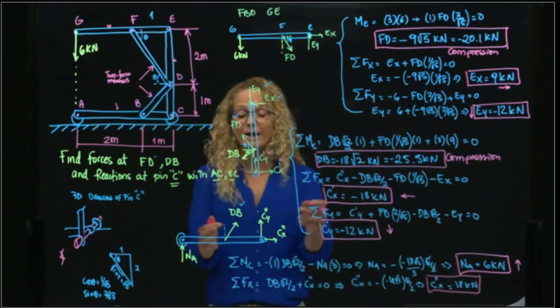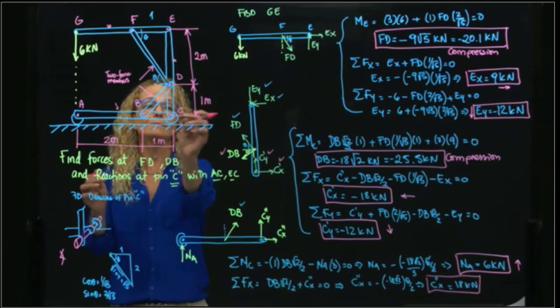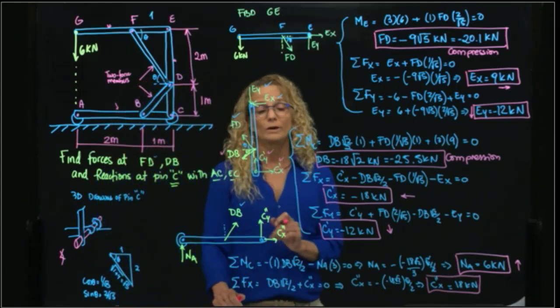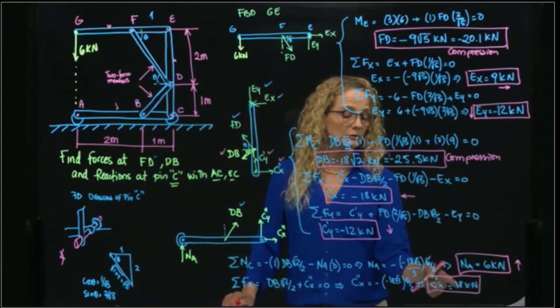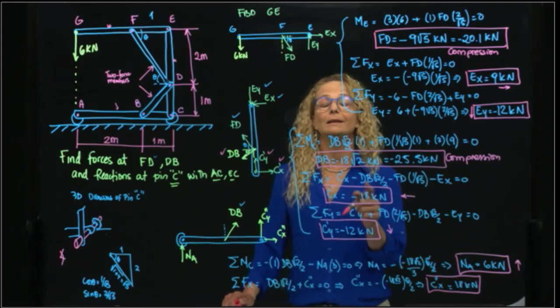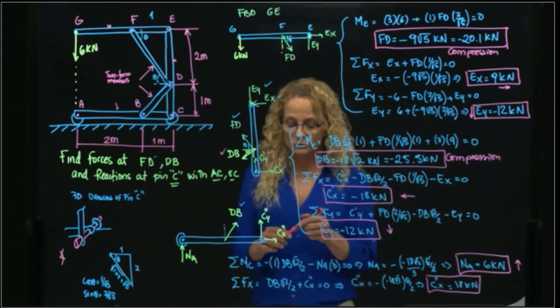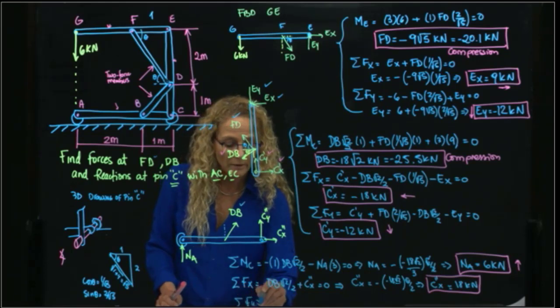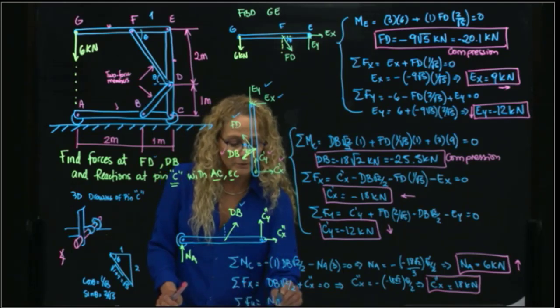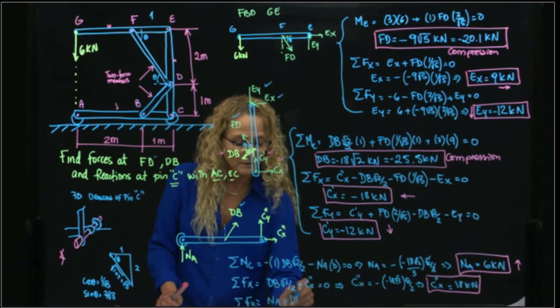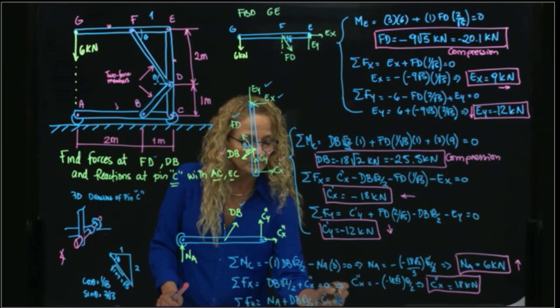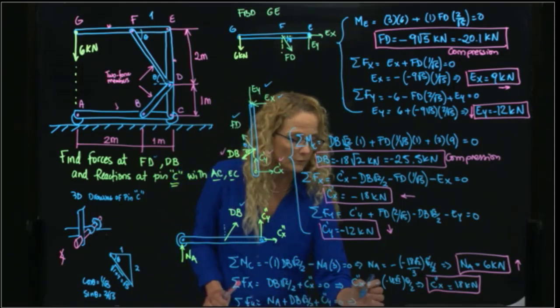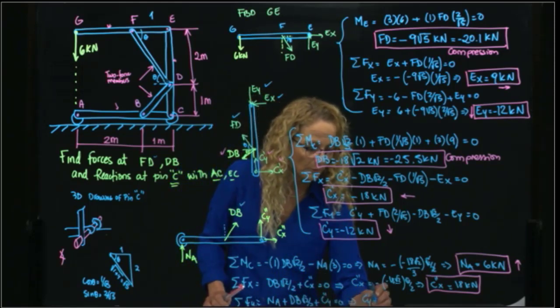So what I just found is that since I don't have any other components in the X direction in this joint, it means that these two reactions are equal and opposite in direction, which is action and reaction. And finally, I add forces in Y, and that gives me NA, which I already know, dB square root of 2 over 2 plus Cy2 prime equals 0. And from here, I solve for Cy2 prime.